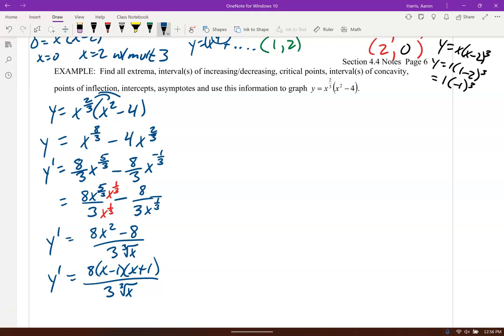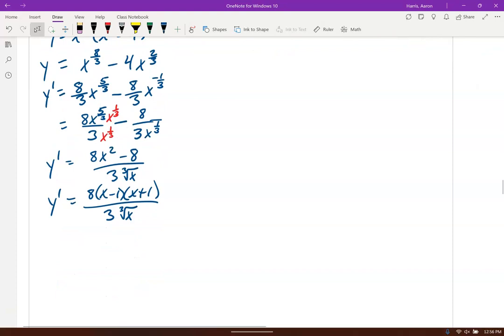And so if you notice, our critical points would be, where's y prime undefined? Well, wherever this third root of x equals 0. If I cube both sides, I get x being 0. Where's y prime equals 0? x being 1, or x being -1 for my numerator.